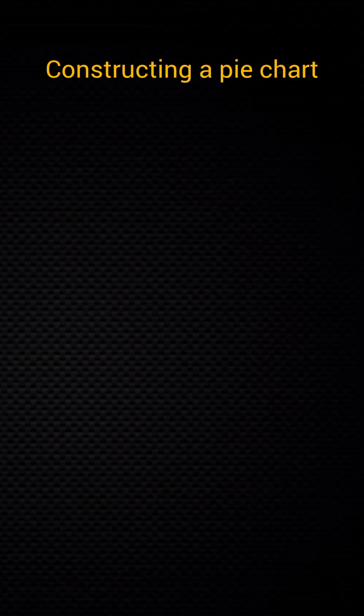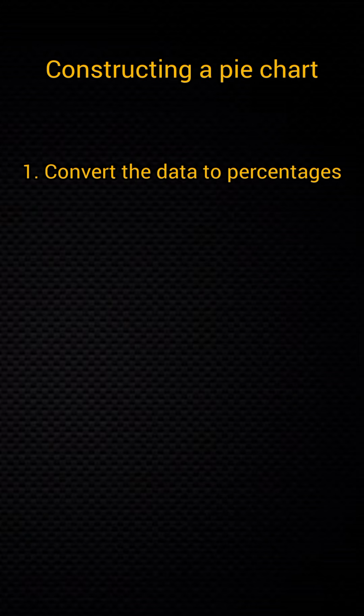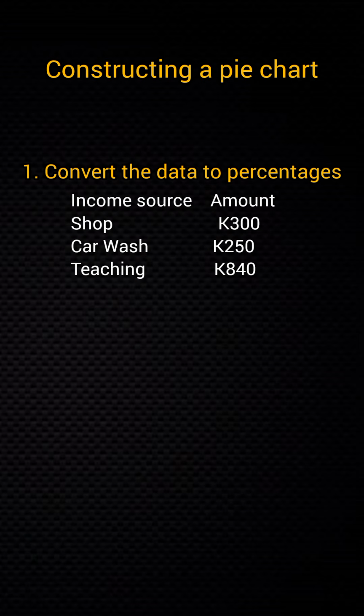A pie chart is useful to show what proportion of a whole each part represents. Firstly, convert data to percentages. So for example, if you have source data showing income streams for a family, assuming this family owns a shop, they have a car wash, and the breadwinner also teaches.